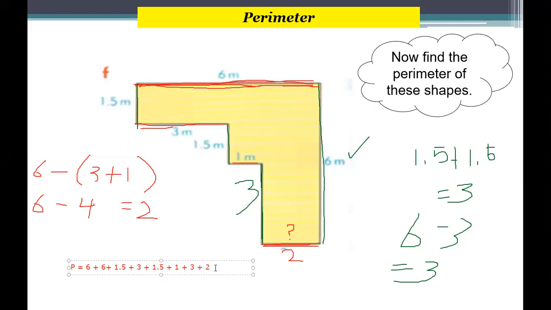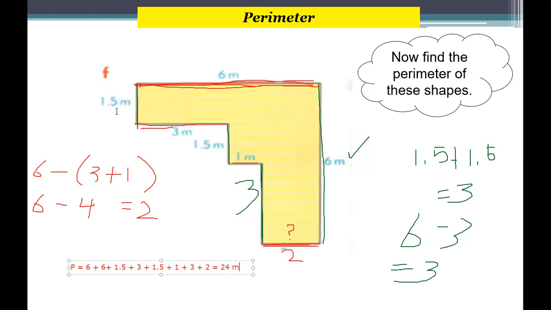So 6 plus 6 is 12, plus 3 is 15, plus 3 is 18, plus 1, 19, plus 3 is 22, plus 2 is 24. So the perimeter of this shape is 24 meters.